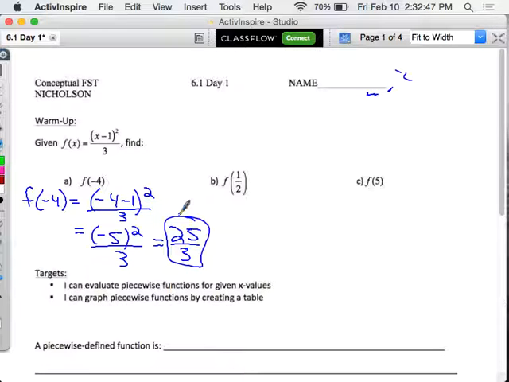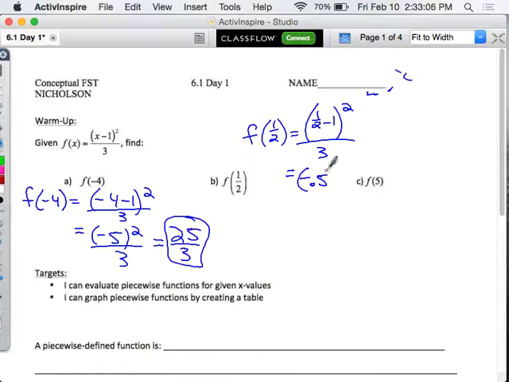All right, plugging in 1 half. So f of 1 half means (1 half minus 1) squared all over 3. So 1 half minus 1 is negative 0.5, squared over 3, which becomes 0.25 over 3.